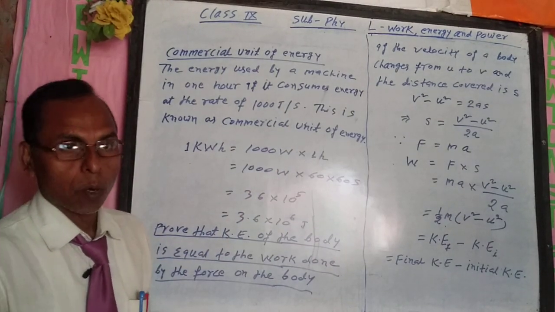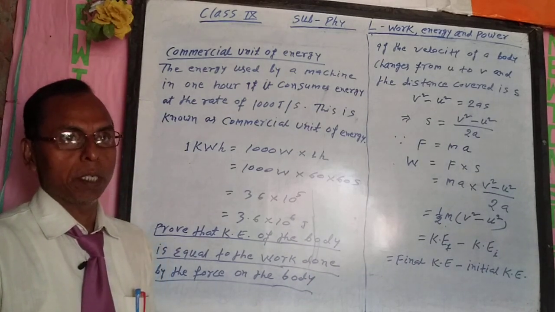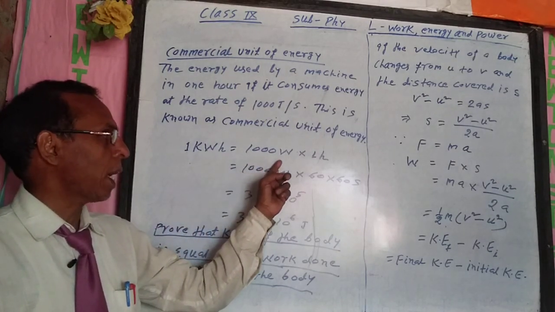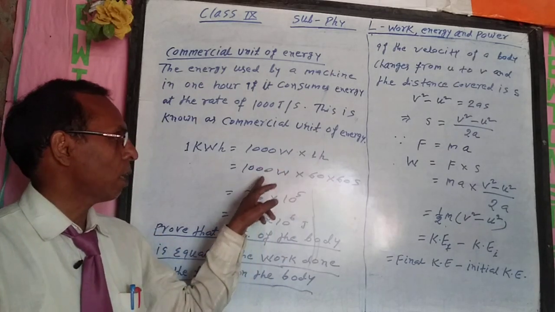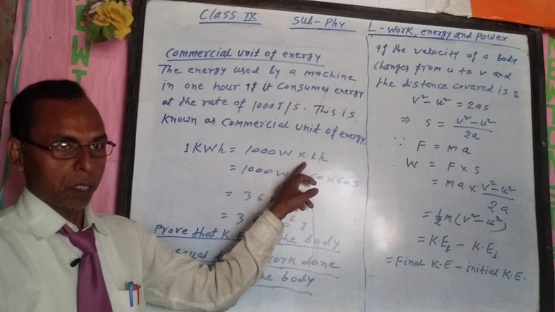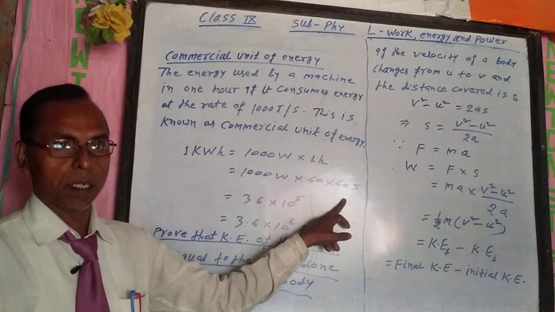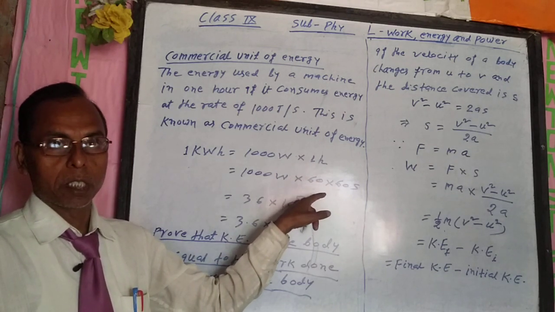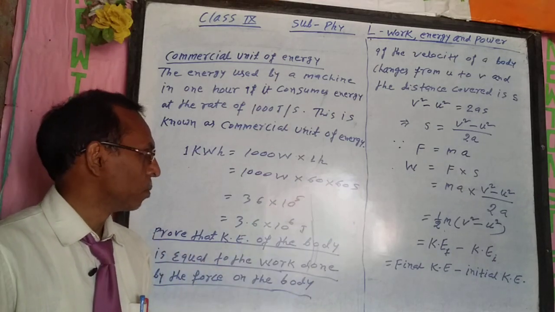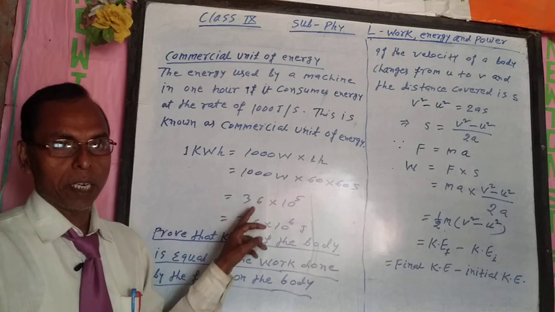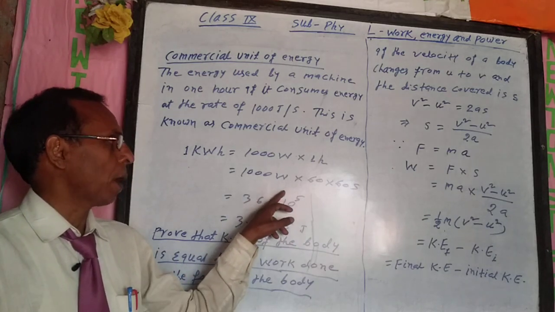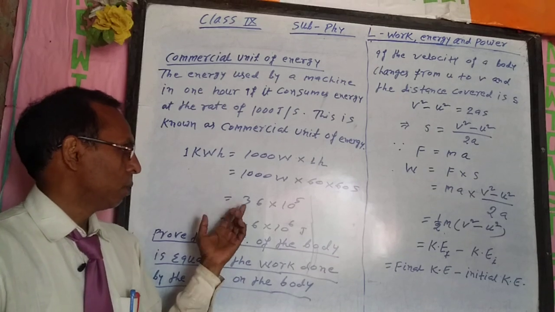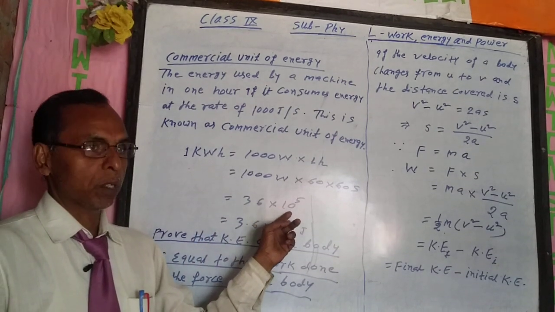Since 1 kilowatt is equal to 1000 watt, 1 kilowatt hour is 1000 watt into 1 hour. 1 hour is equal to 60 into 60 seconds. So we can write 36 into 10 to the power 5.